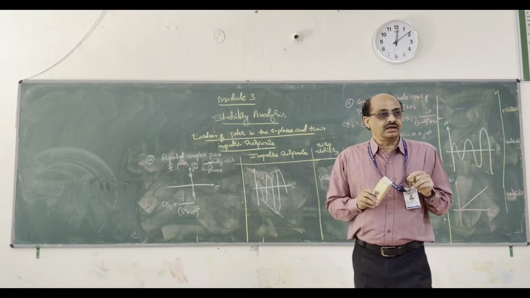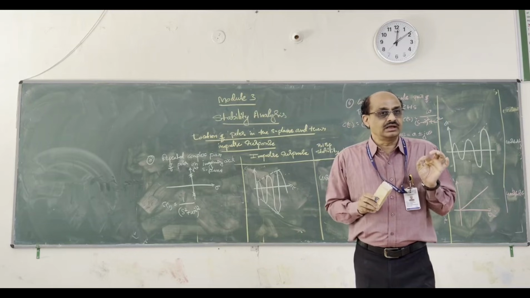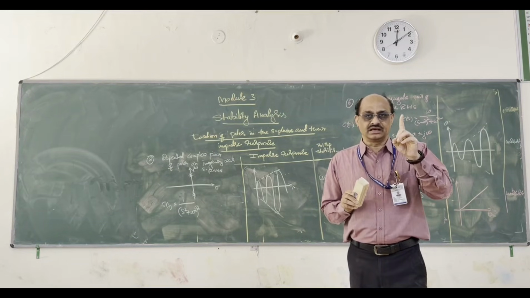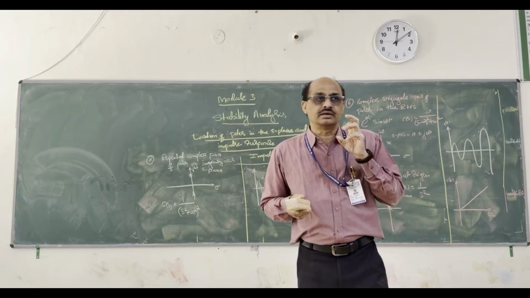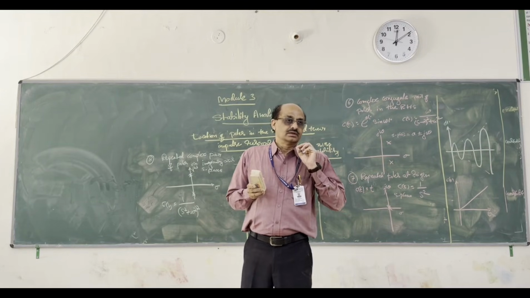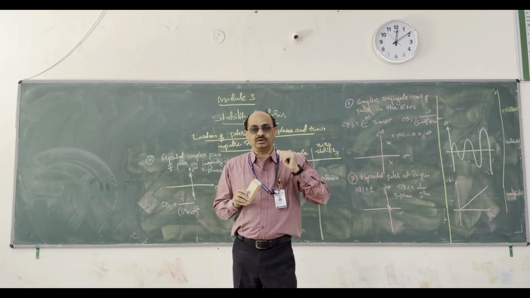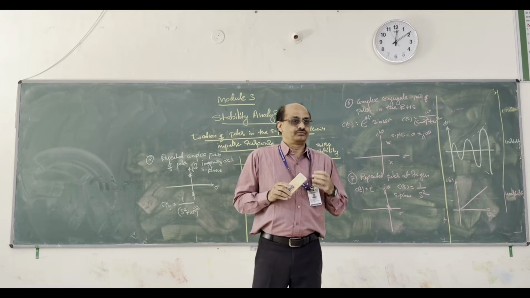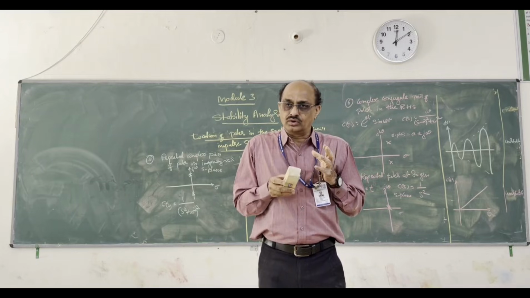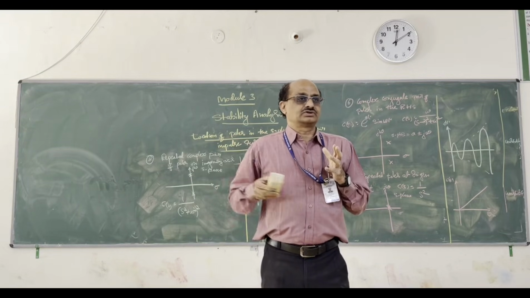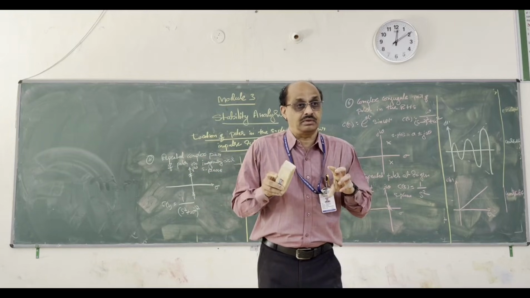Next, if any non-repeated, that means single, roots or poles lie on the imaginary axis, then we say that the system is marginally stable. The third point is, if any roots or poles of a closed loop transfer function lie in the right half of the S-plane, clearly it is unstable.